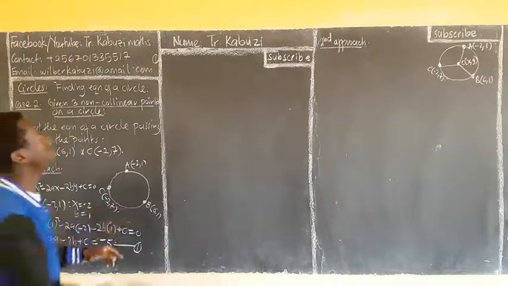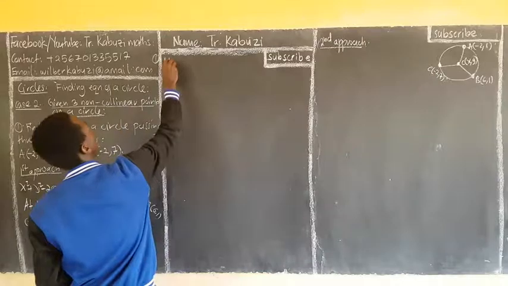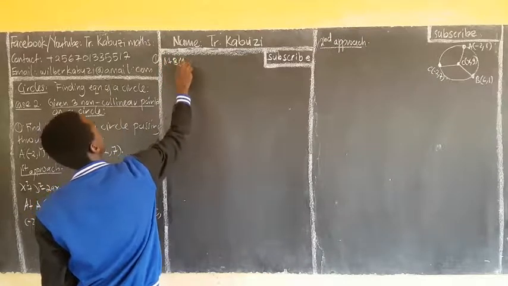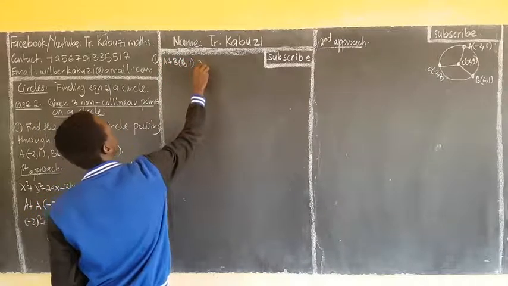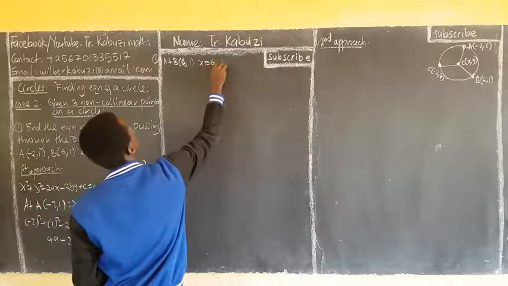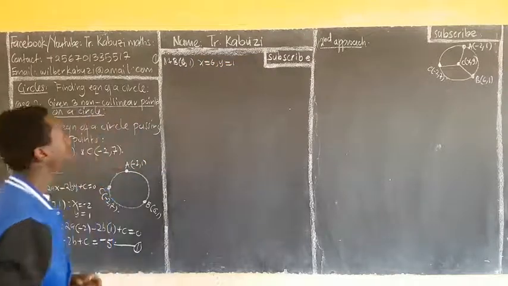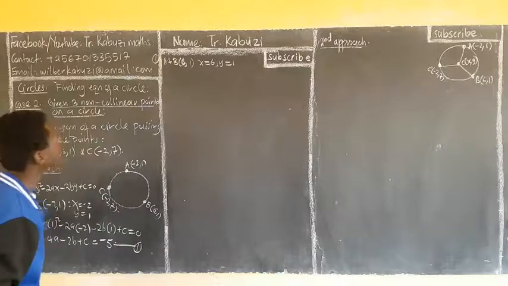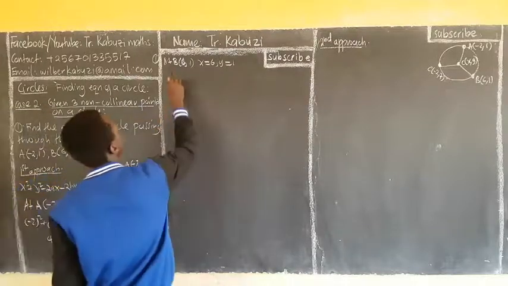Then I come to the point B, which is 6, 1. So my x is 6, my y is 1. Now we substitute in this equation.